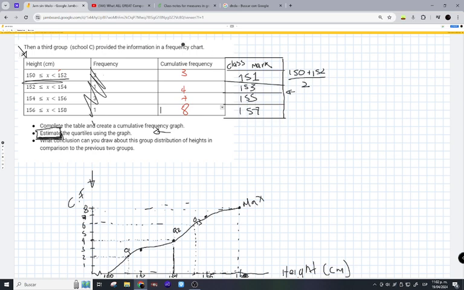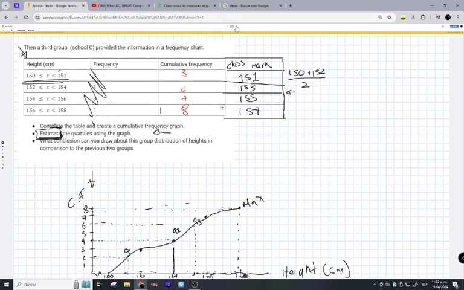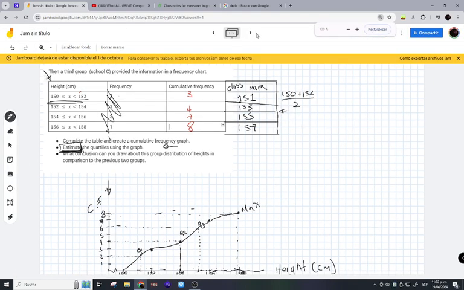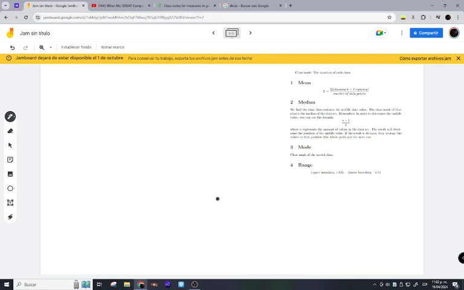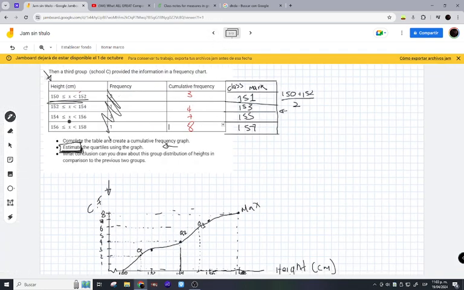With these class marks, we are going to calculate the median of the set. You are really lucky because the median is basically the same as in non-group data, just taking into account the class mark. So what is the class mark of the middle?